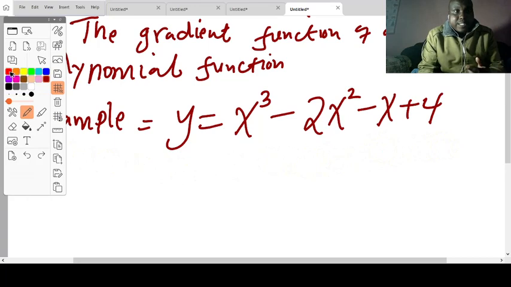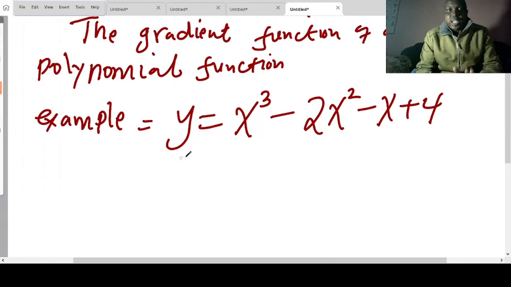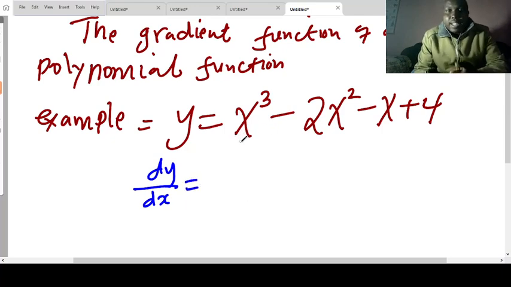Let me use red or blue to differentiate. So here we have y with respect to x. We are going to say dy over dx is equal to this one. The first term, the power is 3, the coefficient is 1.